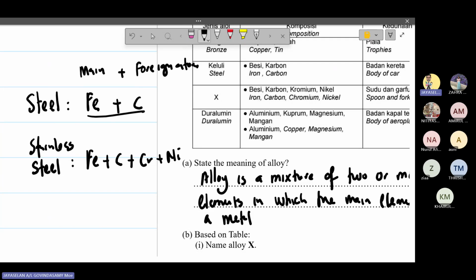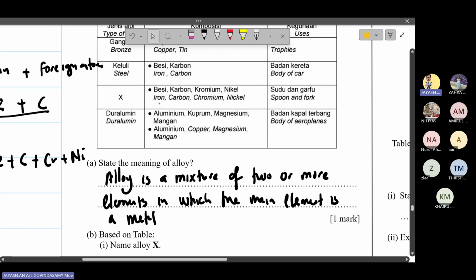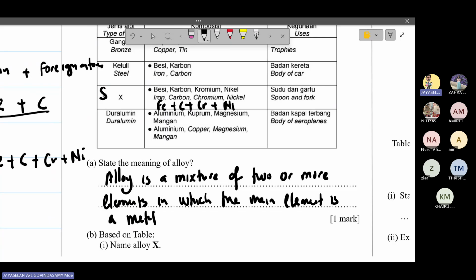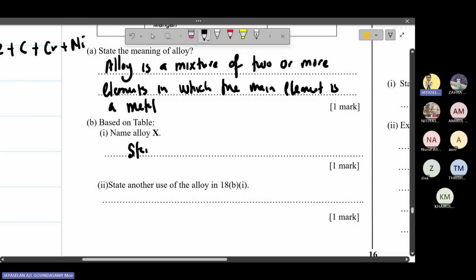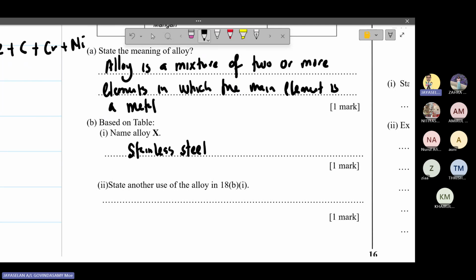Now look at this one. Here we have iron plus carbon plus chromium plus nickel. So this is stainless steel. So the name of the alloy, you put stainless steel, then take 1 mark. Any question?